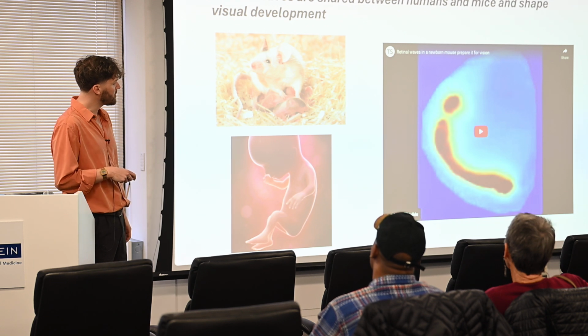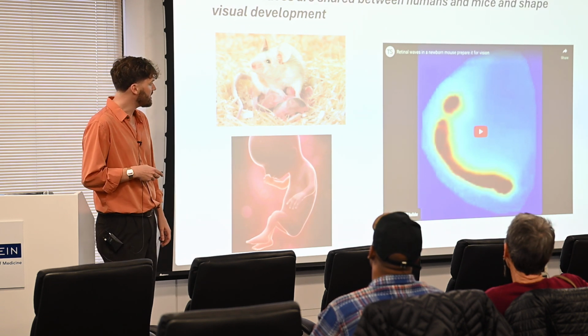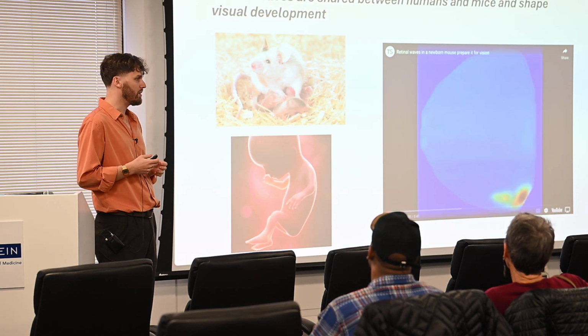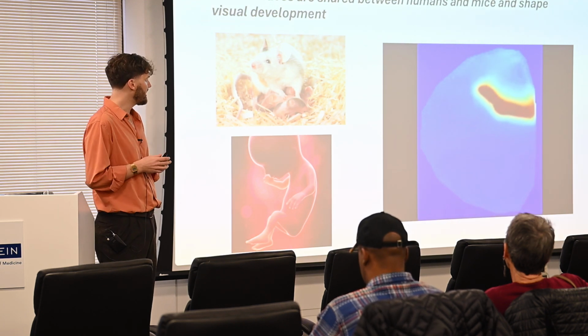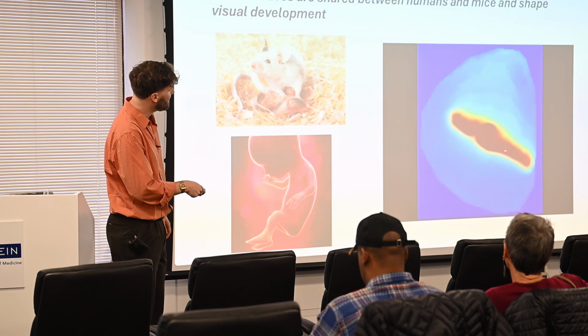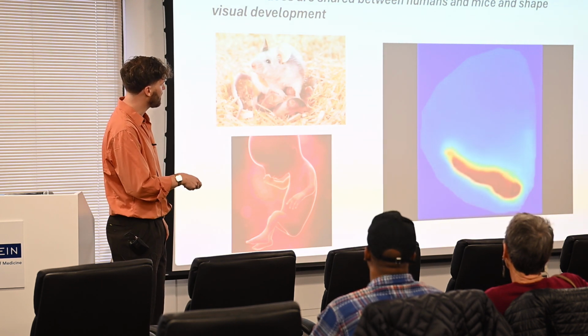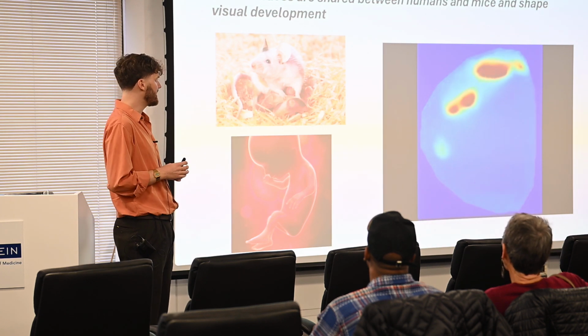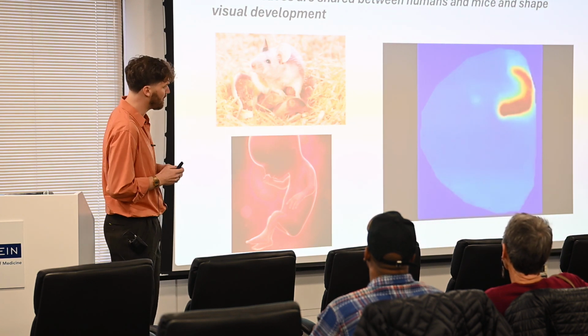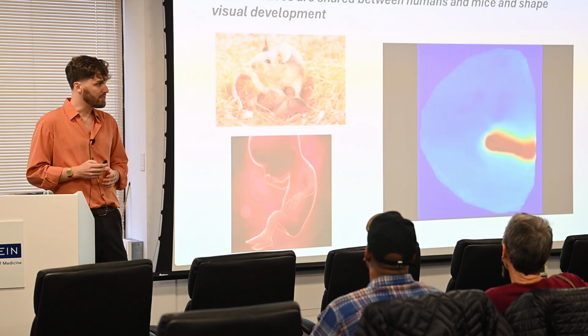One of those important shared features is periods of spontaneous activity where the retina is active in the absence of very much light input. These waves of activity travel across the surface of the retina and propagate this activity throughout the visual system, shaping many, many different developmental processes.